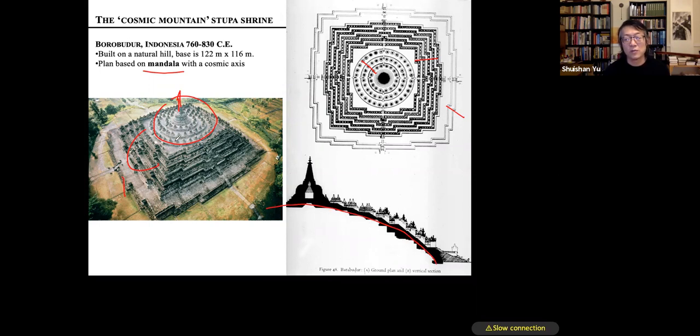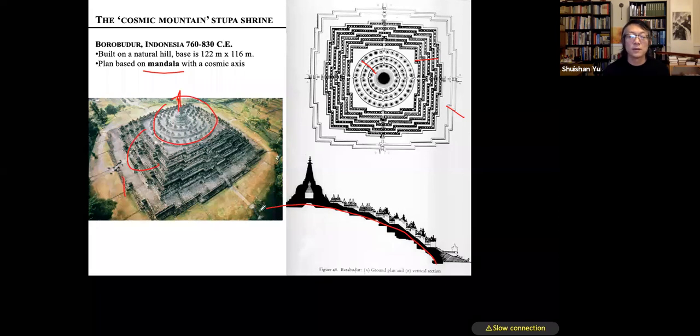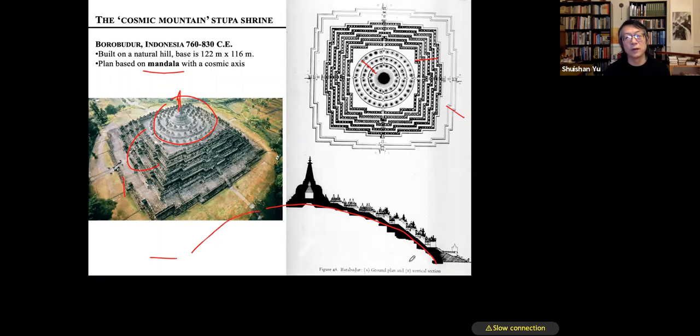The three realm division was more in detail, and there were more sculptural embellishment on every level. But the basic idea is still pretty much like the stupa. So Borobudur is basically a stupa, but with more explicit expression of the cosmic model.